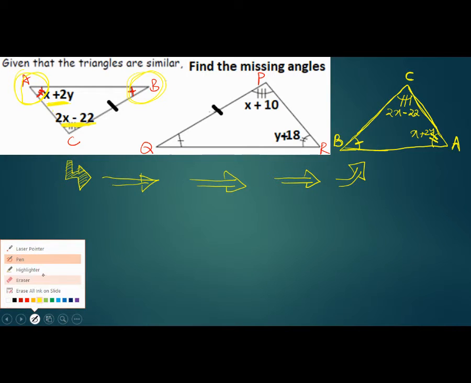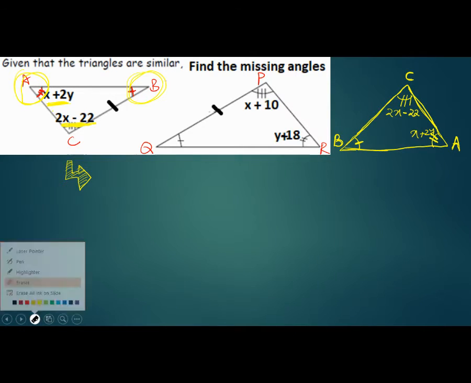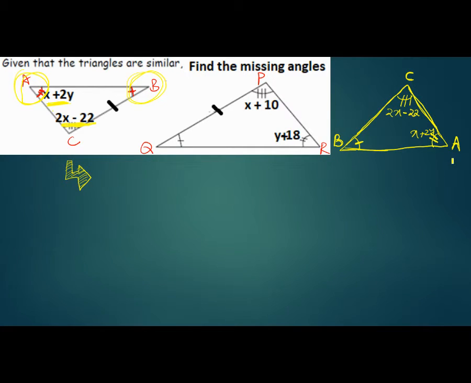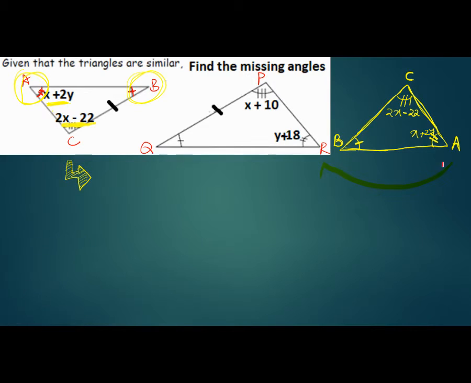Let me quickly take my eraser so that I'll have some more space to work. Now, friends, you have to be very careful. Let me take a different color. Angle A and R, these two are corresponding angles because they are at the same position. Angle C and angle P are also at the same position, therefore C and P are corresponding.